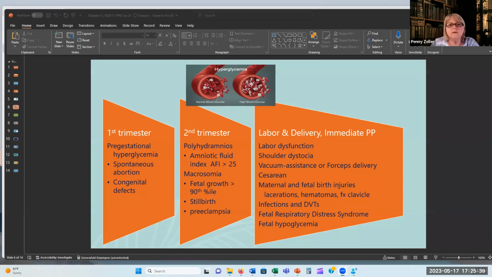Some other outcomes of hyperglycemia in the second trimester: continued hyperglycemia. You talked about polydipsia, polyuria. Well, the fetus is doing the same thing, growing, lots of fluid. She's at risk during pregnancy for stillbirth, a baby that dies before delivery, and for preeclampsia.